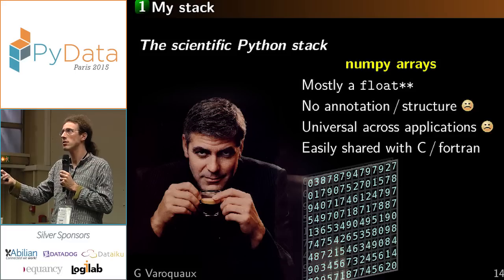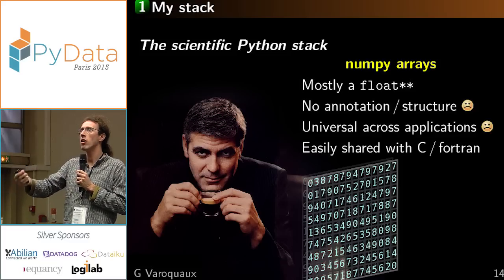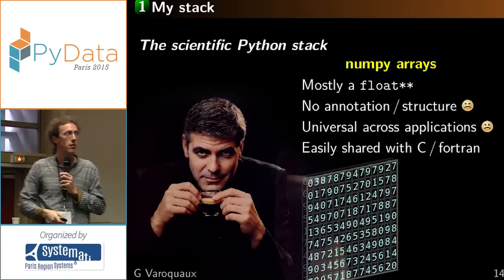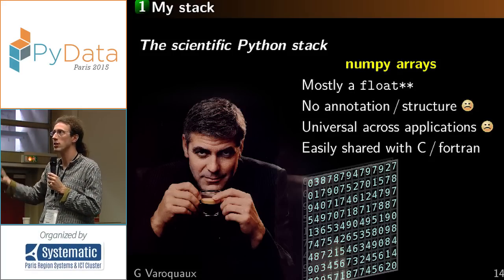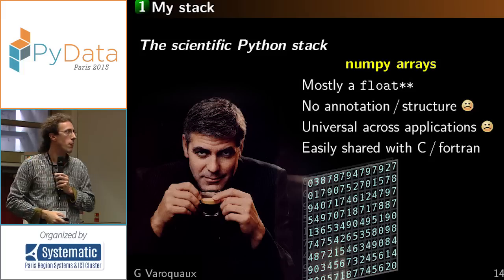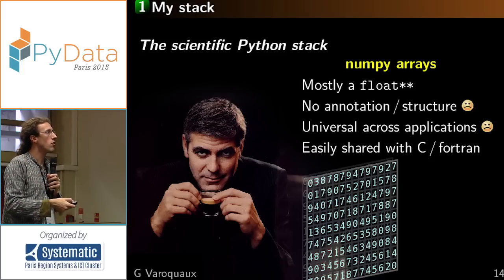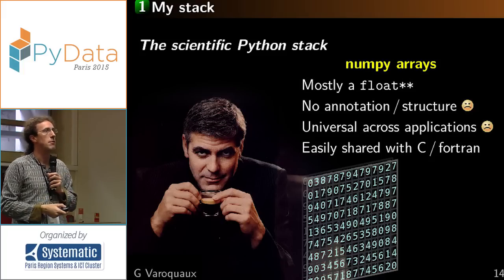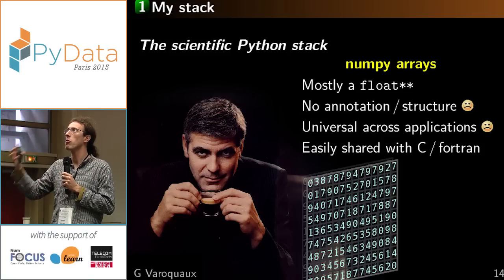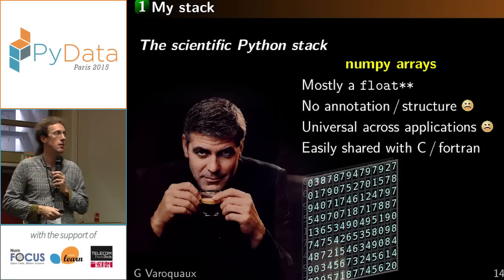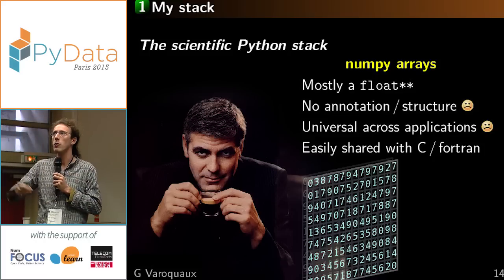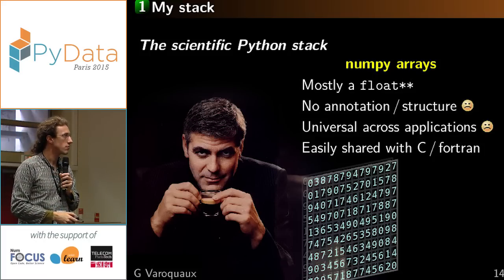It has a cost, which means that we can't annotate data, we can't put different data types together. I'm thinking, for instance, of pandas, which is richer, but less universal. So NumPy arrays are universal across applications. We will do image processing and machine learning with the same data structure, and we think it's important. And they're easily shared with other languages like C or Fortran.